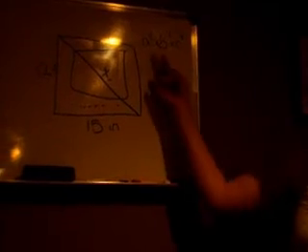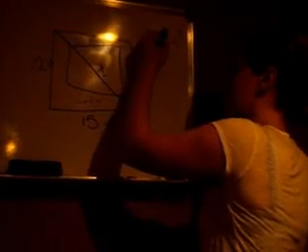Okay, so we're going to use the Pythagorean theorem. So we know that a squared plus b squared equals c squared. And a and b are going to be the height and the length of the TV. So 12 squared plus 15 squared equals x squared, which is the actual size of the TV.